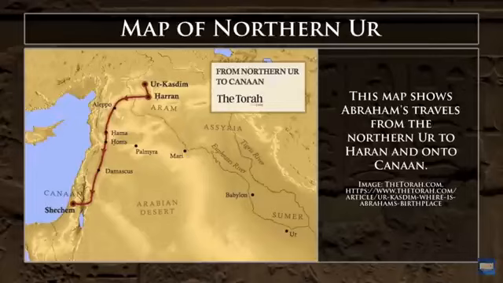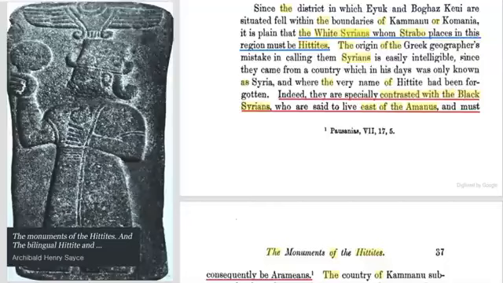So this is where I believe Abraham would have lived. He would have lived in Kasdim and in Syria near Aram, as you can see. And let's deal with the descriptions. So this is from Henry Rawlinson, who says the white Syrians whom Strabo places in this region must be Hittites.